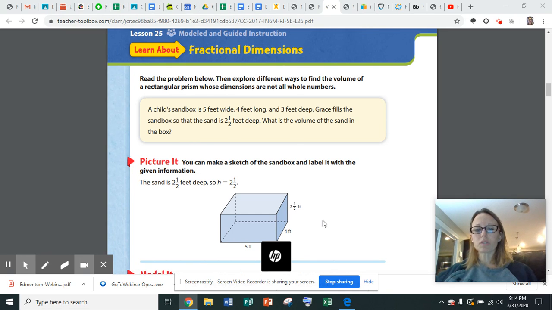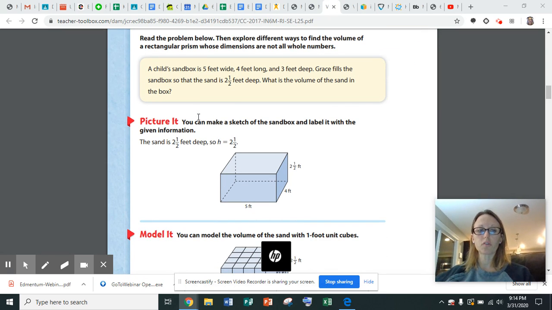So remember, when we used to solve for area, we were solving for the outside of the shape. Now we're solving for the inside of the figure. So this problem is about a sandbox, and we want to find the volume of the sand in the box. The first picture they show you is a sketch showing that the sand is 2.5 feet deep, so the height is 2.5 feet right here.